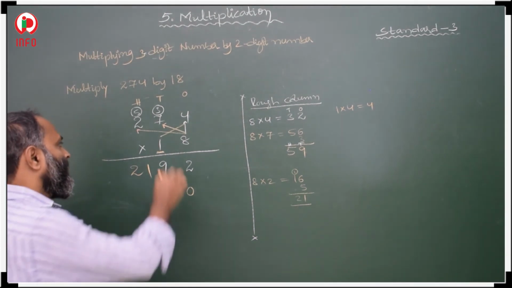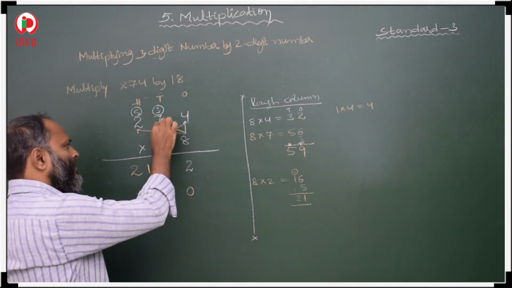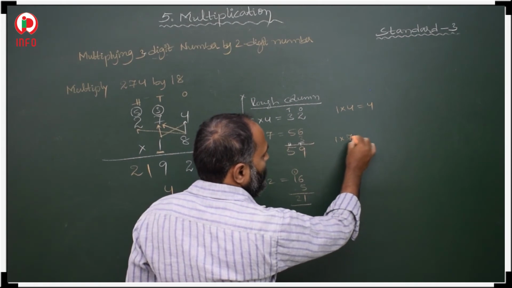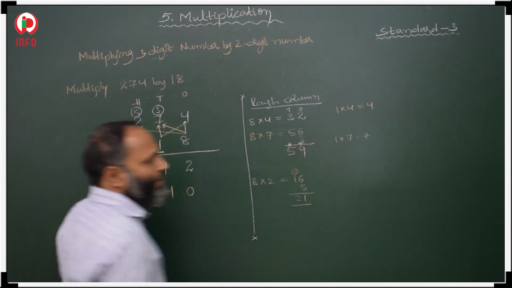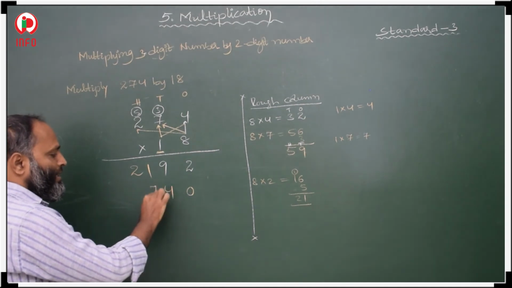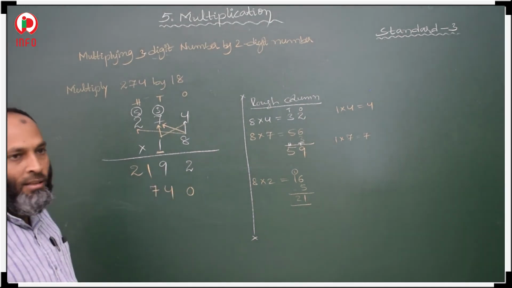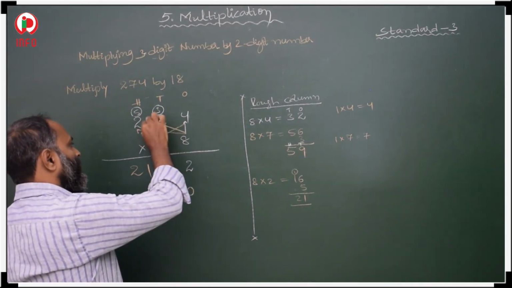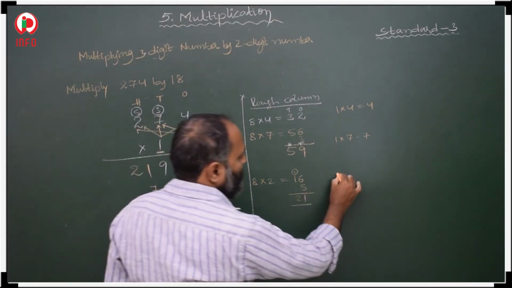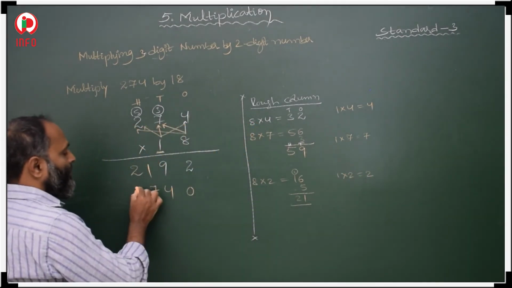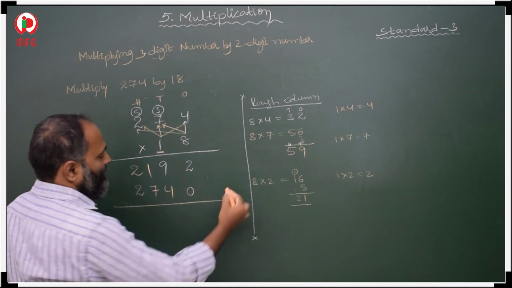So then 1 with 7. 1 with tens place. 1 7s are 7. 7 is a single digit number, so that we have to write in the next place, that is in hundreds place. Then after that 1 with 2. 1 2s are 2. So that 2 we have to write in thousands place.